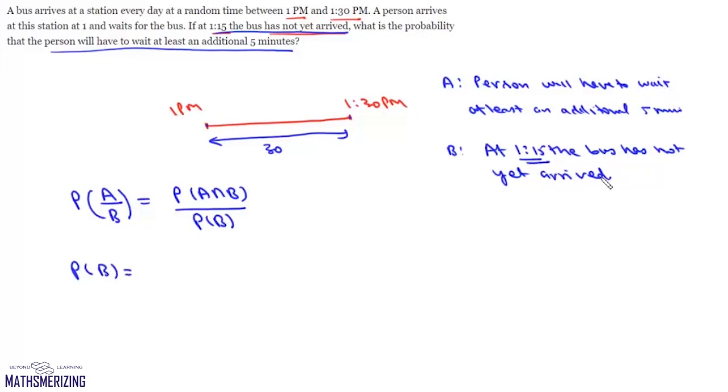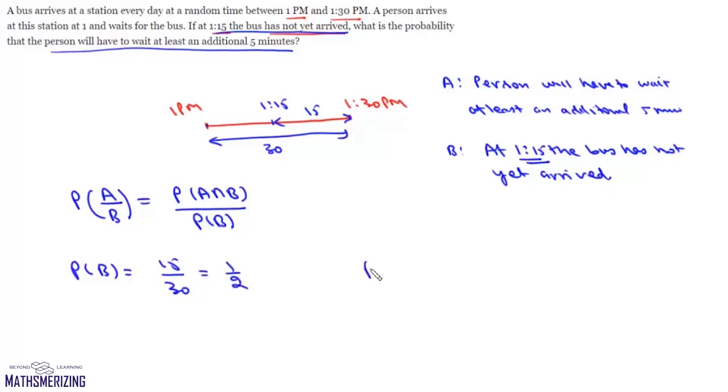So if the bus is not here at 1:15, it will be expected at any time between 1:15 and 1:30. So this probability that the bus has not yet arrived at 1:15 is given by this favorable length, which is 15, upon total length, which is 30. So this probability is 15 by 30, which is 1 by 2.